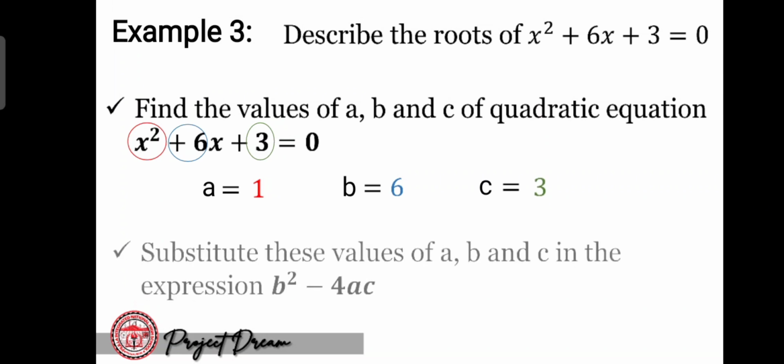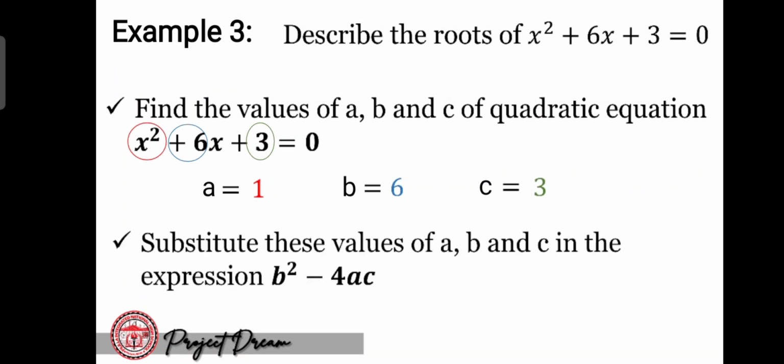Now, since we have the values of a, b, and c, let us substitute them in b squared minus 4ac, our discriminant. So, let us write b squared minus 4ac. Now let us substitute.